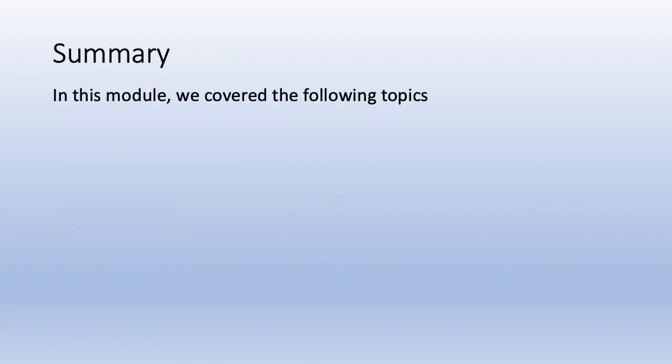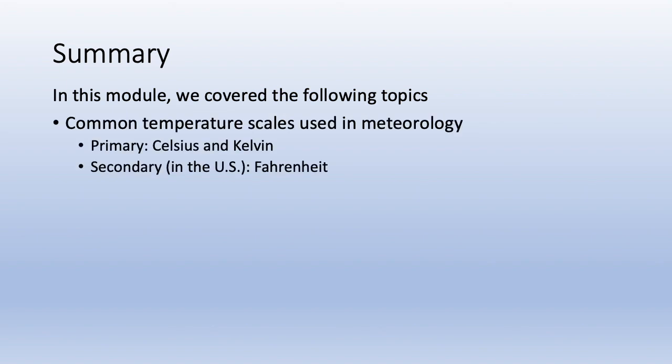To summarize, in this module we covered the following topics: common temperature scales used in meteorology, starting with the primary scales that we use in meteorology, which are the Celsius and Kelvin scales, and then secondarily Fahrenheit, which is used primarily for the general public in the United States.